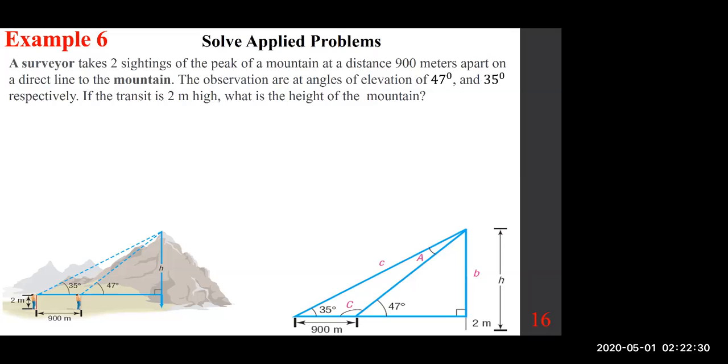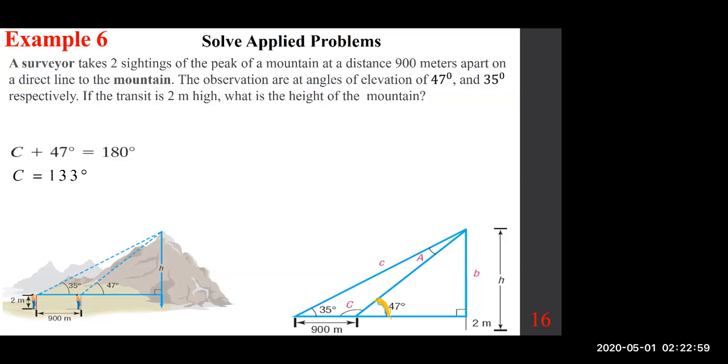Number one, we have 47 degrees here. Everybody can see the 47 degrees, right? Let me use a different color here. So if this is 47 degrees, then it's easy to find the angle C because they add up to 180.